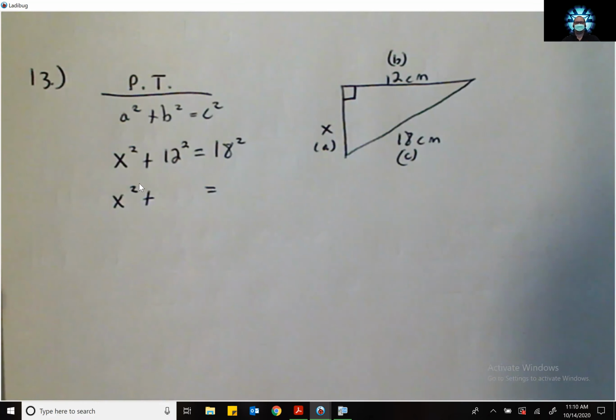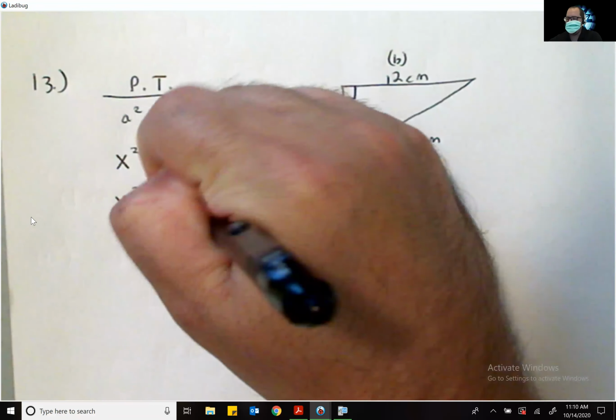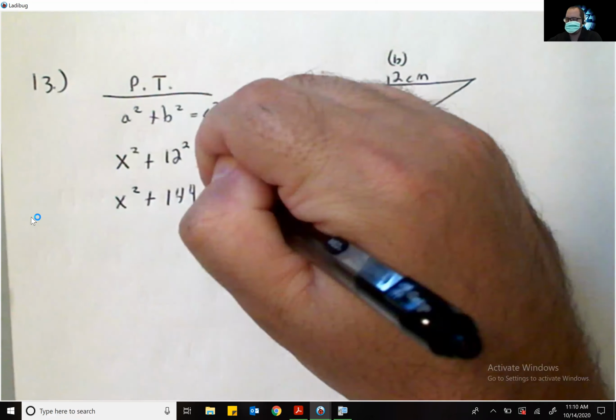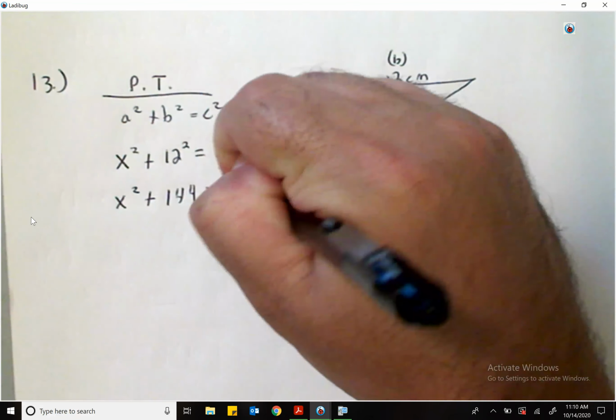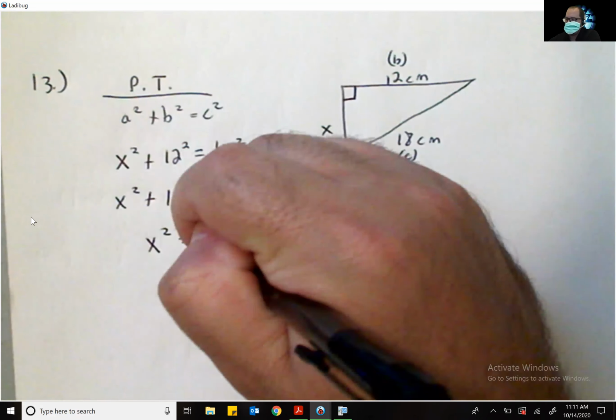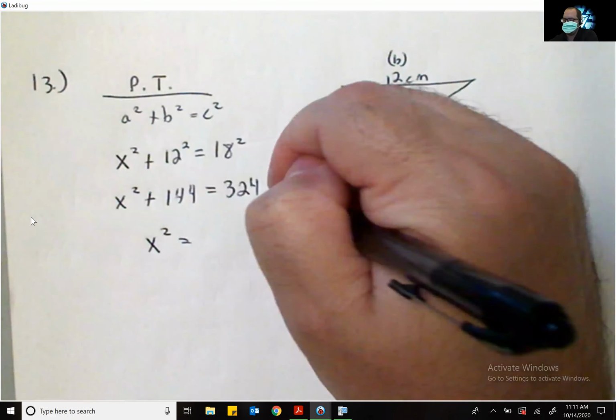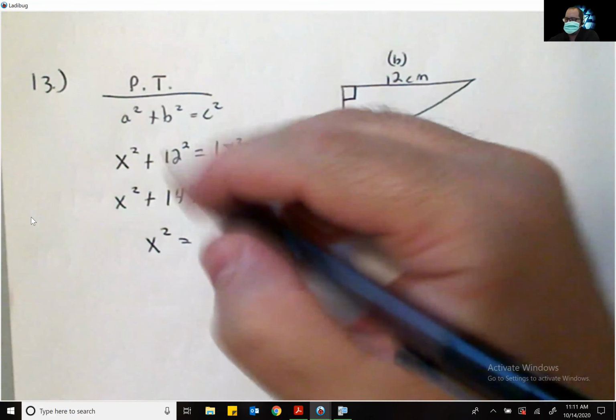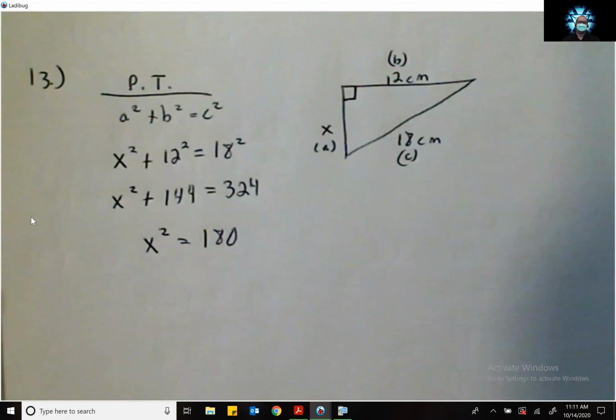What's 12 squared? 144. There we go. And 18 squared is 324. What are we going to do now? Take 144 away from 324, and the answer is that. All right. So we get x squared equal to, if we subtract that from both sides, the 144, you get 180. And now what do we do?